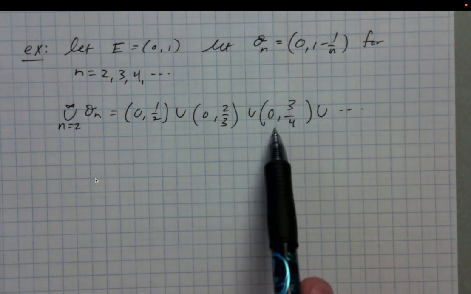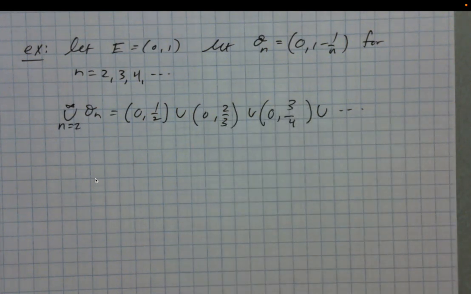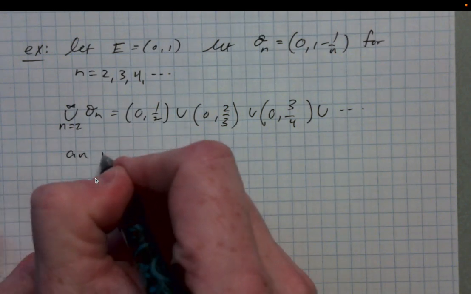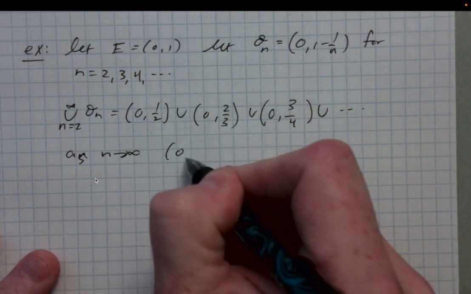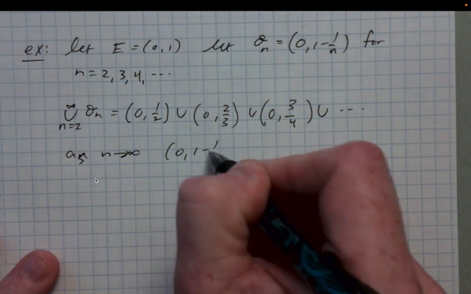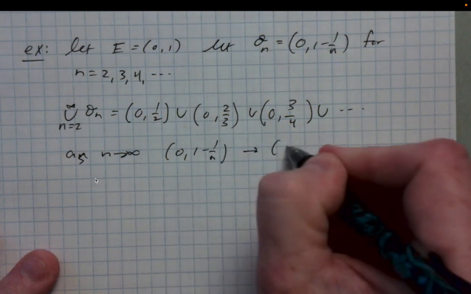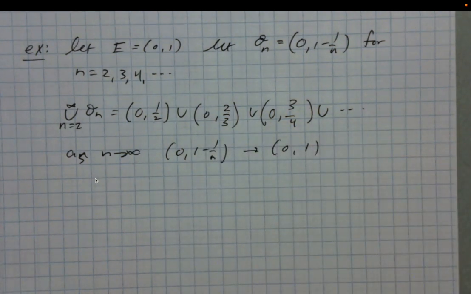And so what's the limit of this? As n goes to infinity, this interval 0 to 1 minus 1 over n is going to head towards 0, 1, right?